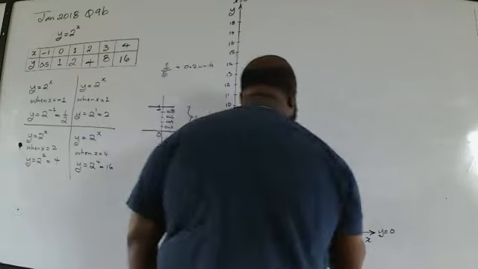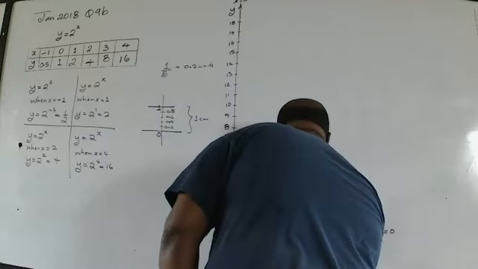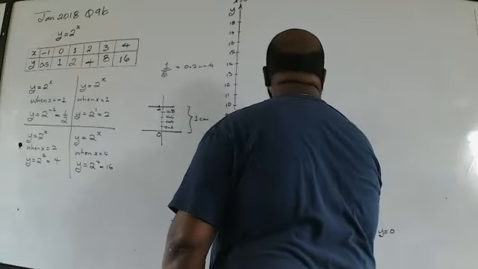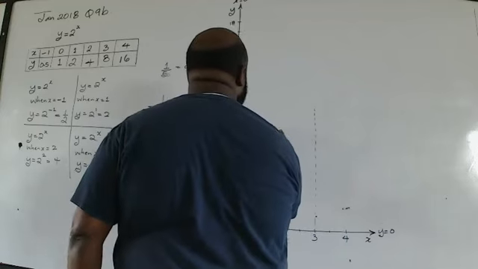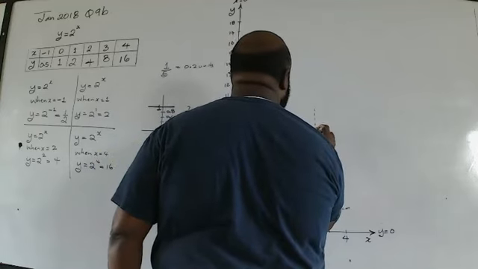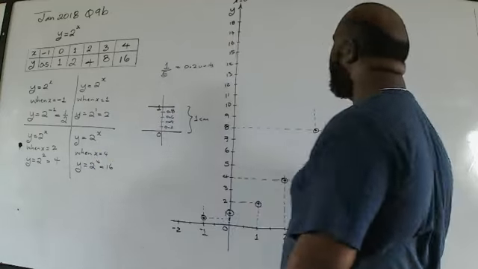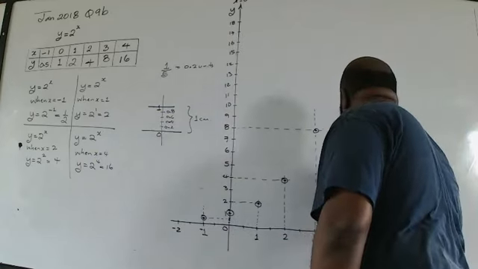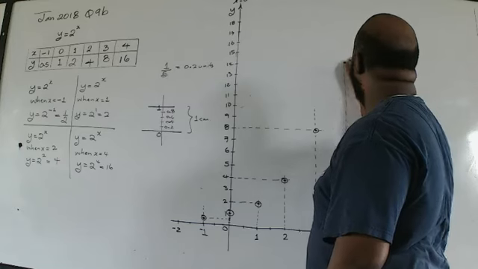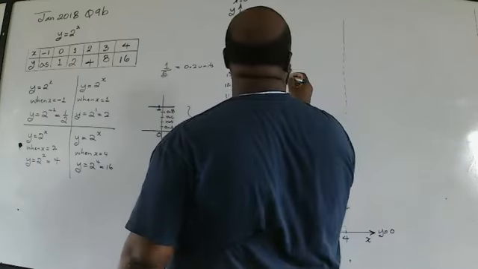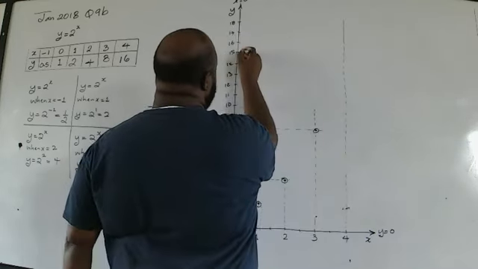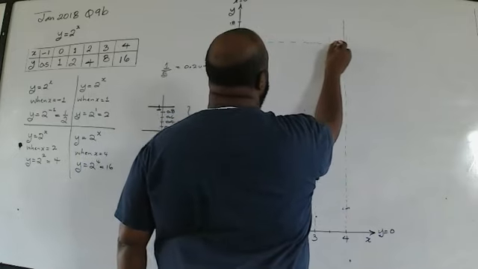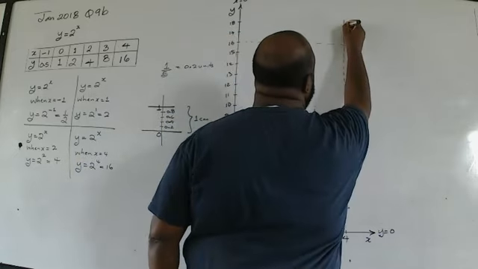Here. 3 corresponds to what? 8. 3 vertical, 8 horizontal. Here. 4 corresponds to what? 16. So it's 4 vertical and 16 horizontal.